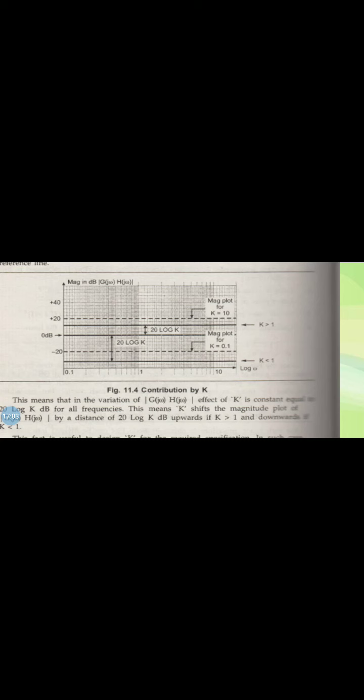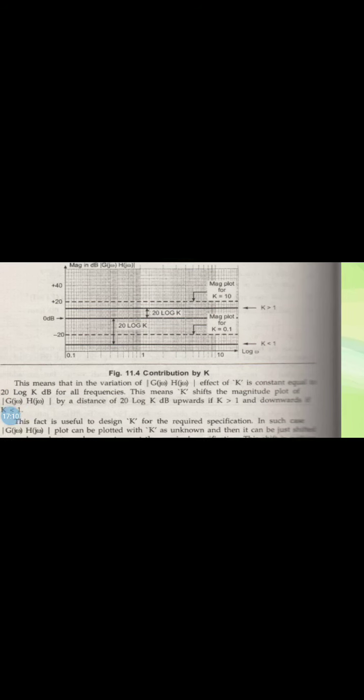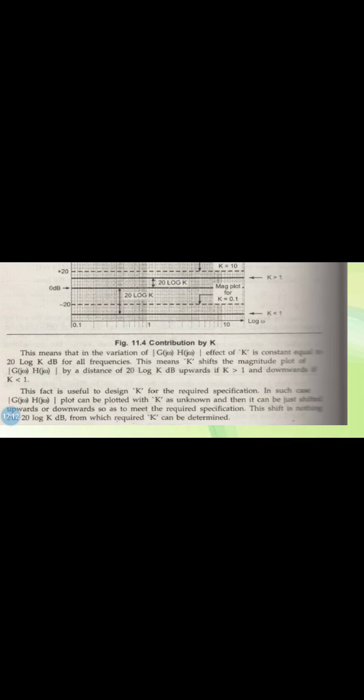So what this means is that in the variation of magnitude of G(j omega) H(j omega), the effect of k is constant, equal to 20 log k decibels for all frequencies. This means k shifts the magnitude plot by a distance of 20 log k decibels upwards if k is greater than 1 and downwards if k is less than 1.